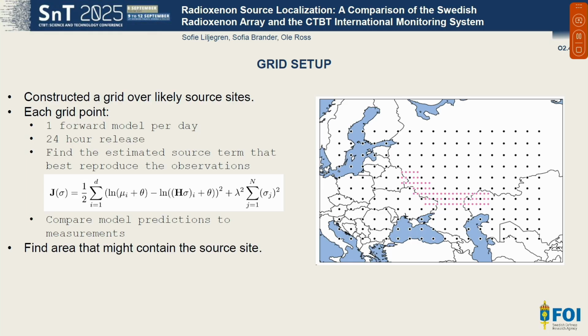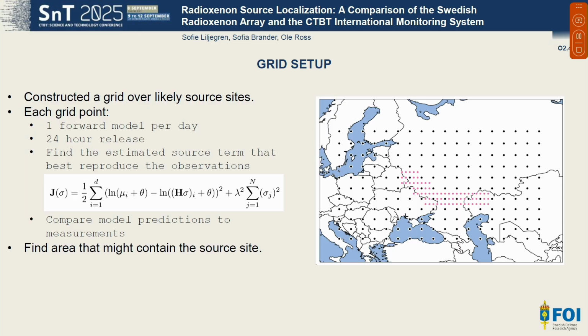For each of these grid points, we ran one forward model per day with 24 hours release. We then varied the level of the source term for each of these day models to best fit the observation, and then added them to compare with the observations.